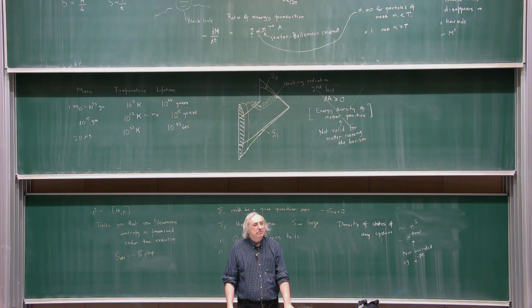So if some process purifies the final state after evolution, wouldn't that violate the second law of thermodynamics? Not if the black hole itself was in some specific state, because its entropy would actually be zero. So the entropy that you define this way would presumably be some coarse-grained entropy.